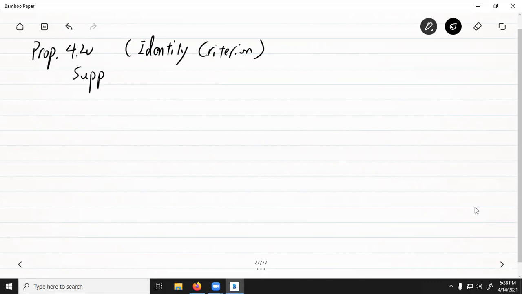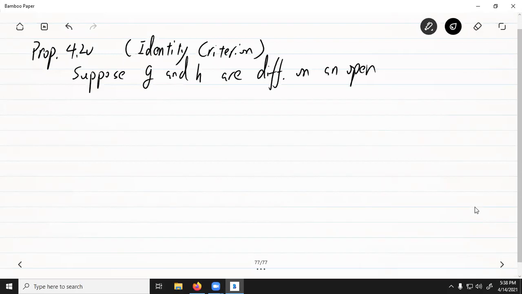Suppose the function g and the function h are differentiable on an open interval I. And this is the only condition we have.